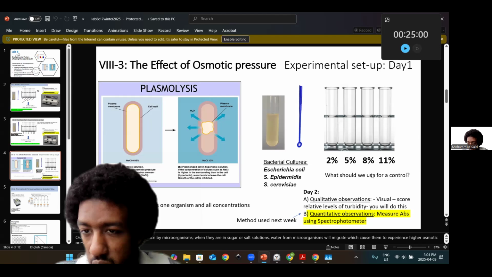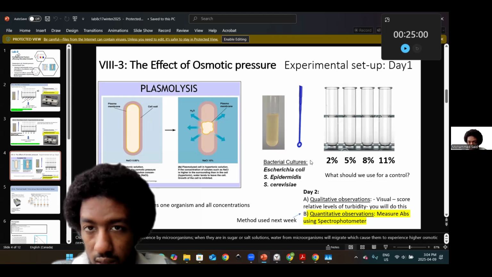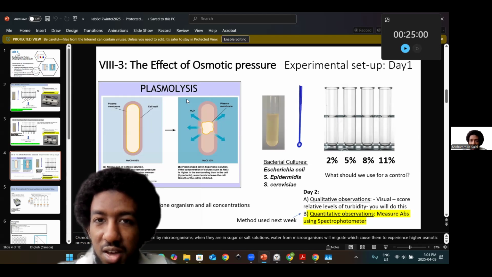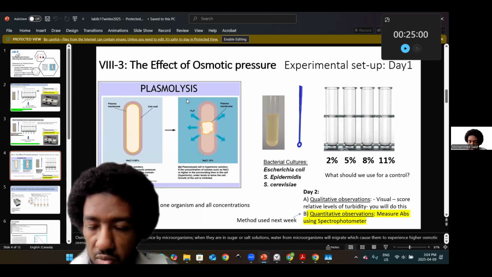If you wanted to have a control, it could be at 0%. You can have a control technically of no concentration of NaCl or of your solutes of interest, which reflects essentially a homeosmotic pressure because you would assume that it would be isotonic. So osmotic pressure is essentially the pressure that the solutes have on living organisms, on your specimen, for example.